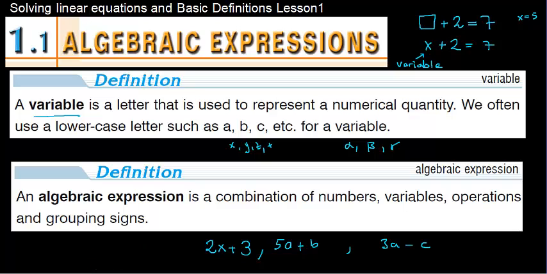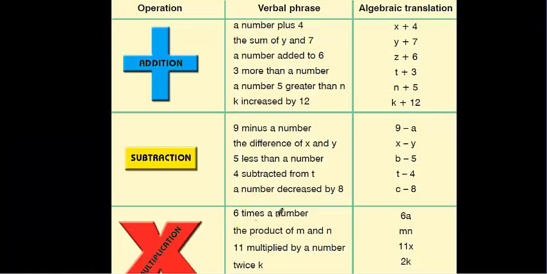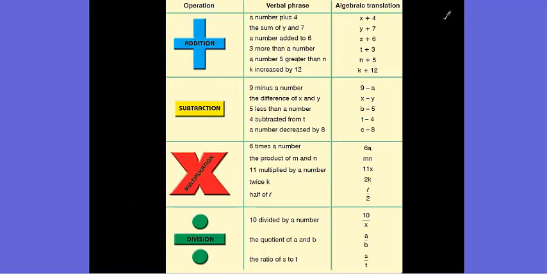Next is grouping terms. Here there is a table of how to read the terms, how to read addition, how to read subtraction, and I'm not going to deal with every expression here, but I want to give some of them. Let's say when we say a number plus 4, a number becomes x here, and it's going to be x plus 4. The sum means addition, y and 7 must be y plus 7.